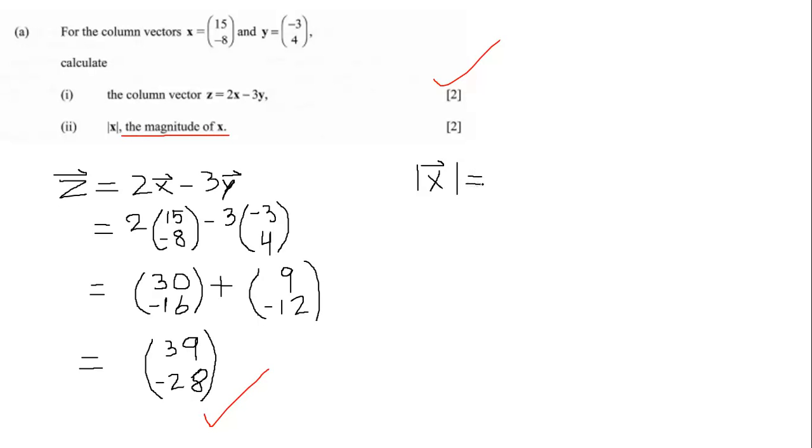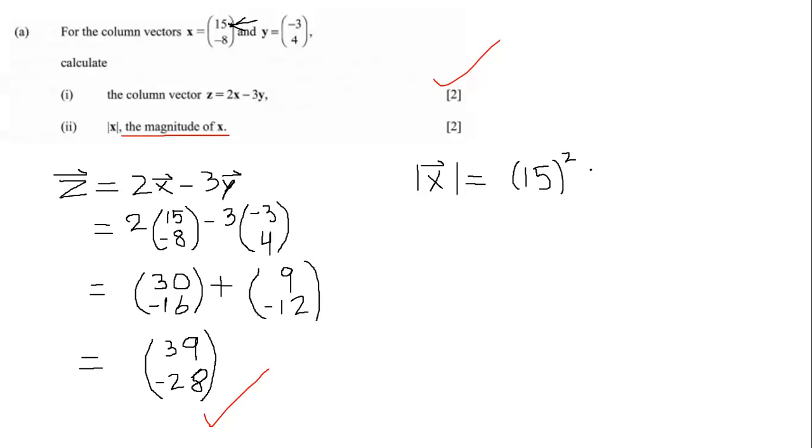In order to find the magnitude of x, the only thing we need to do is take 15 and square it, take -8 and square it, add those two numbers, and then take the square root. So 15 is the top entry, and we say 15 squared, which means 15 times 15.